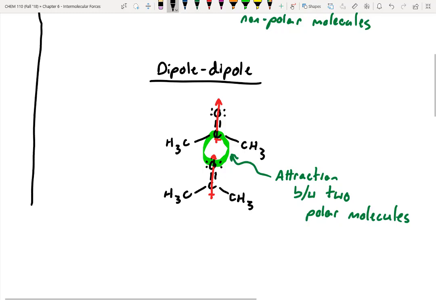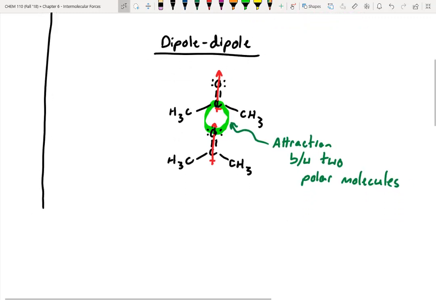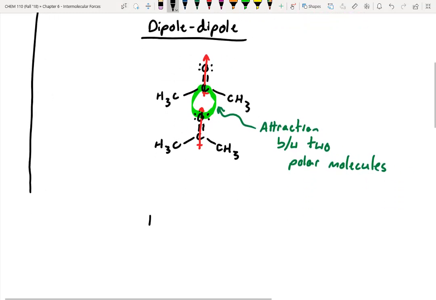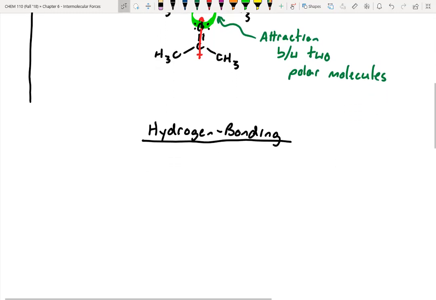All right, as we go down, the next one that we run into is a special type of dipole-dipole, which was H-bonding or hydrogen bonding. And hydrogen bonding is still between two polar molecules, but this time we have an H on the F, O, or N. And like we said yesterday, a good example of this would be water. If we think about this, right, this oxygen is pulling electron density away from each of these hydrogens.